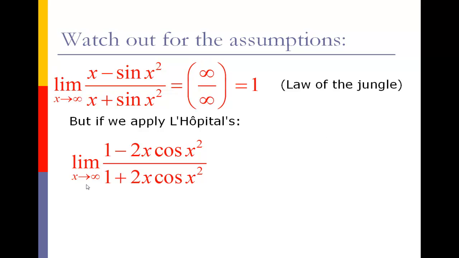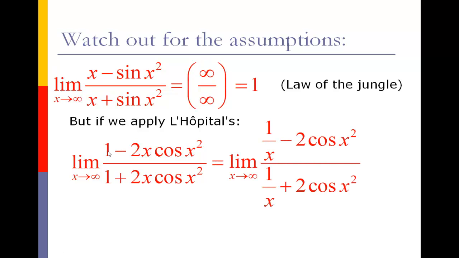This time, the 1 becomes irrelevant, because x is going to become a really big number, and therefore the 1 can be eliminated. Or, even more formally, I can divide top and bottom by x, and so I end up with this particular form.